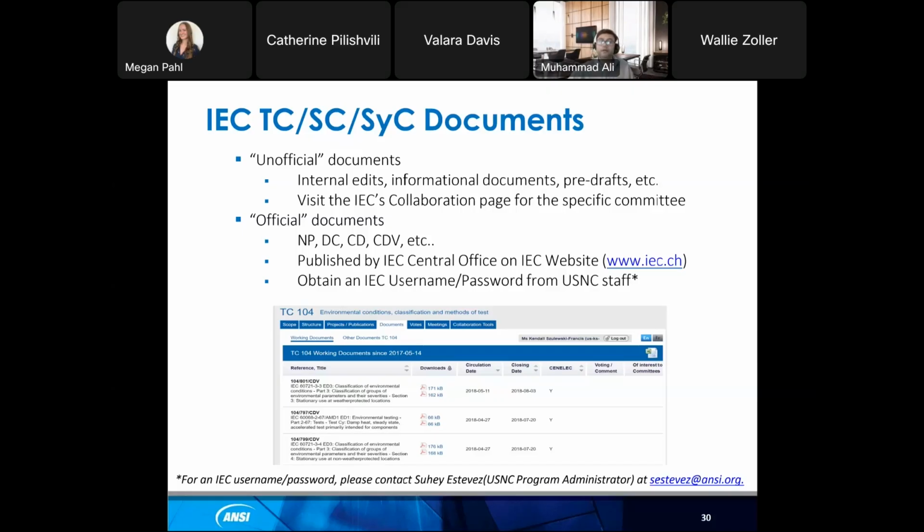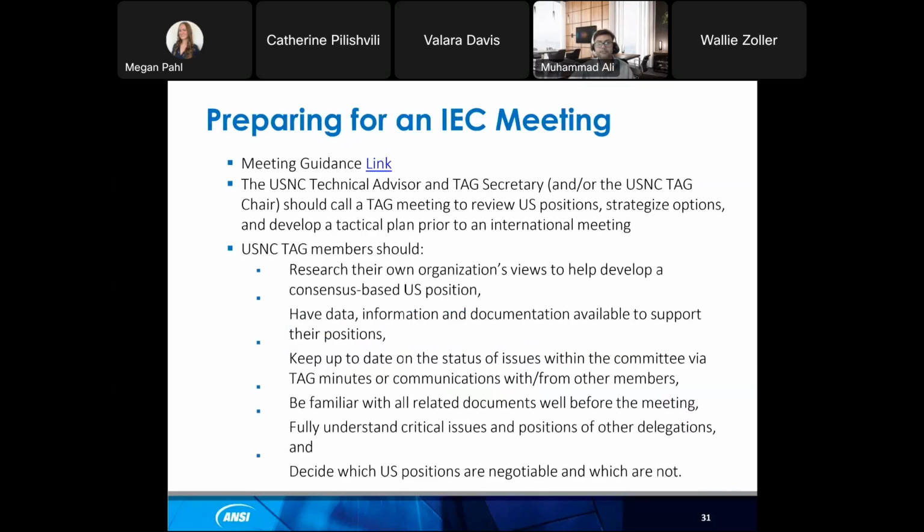Each one of them has a meaning that helps you translate what that document is about and what action you need to take in response to that document. These are the official documents that get posted by the secretary of the IEC committee that has ownership of it, right? Usually these official documents get posted by the secretary, and then they get circulated by the USNC TAC secretary and the officers of the USNC TAC itself. So if we can move on to the next slide, please.